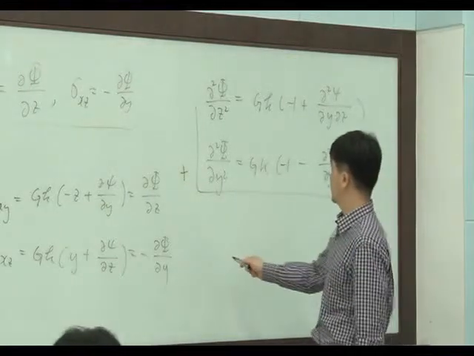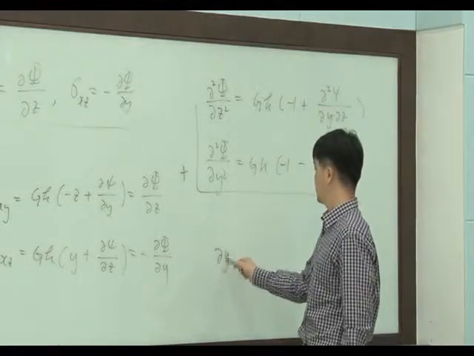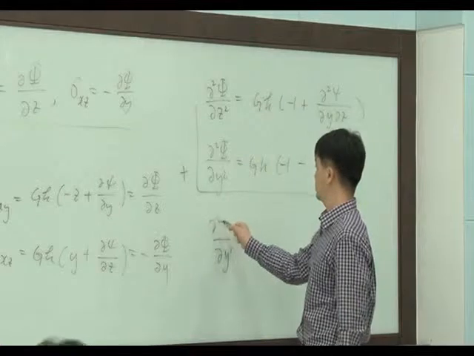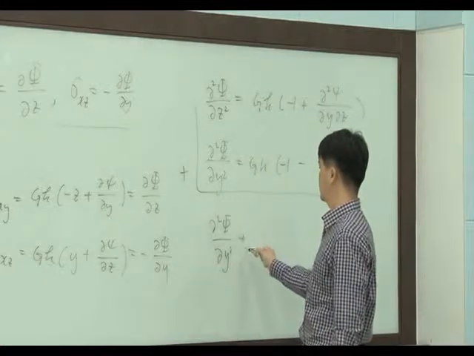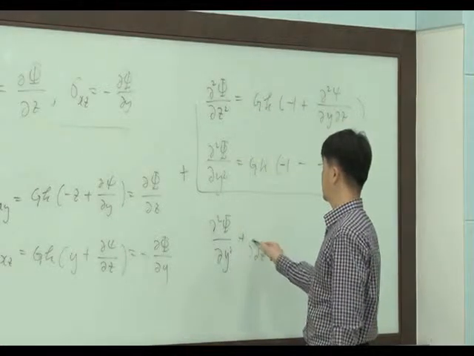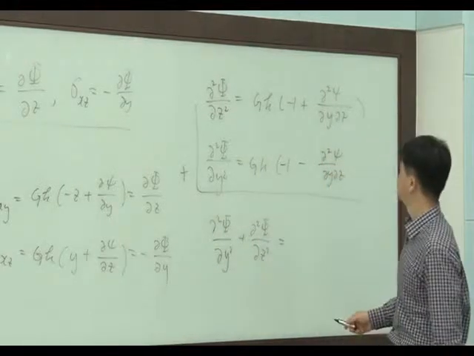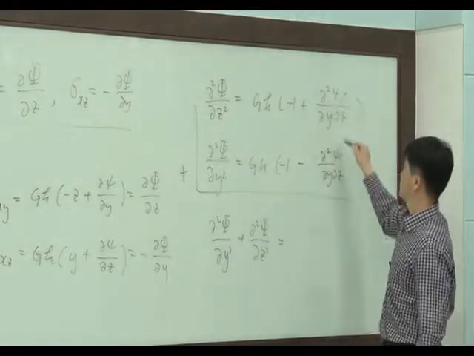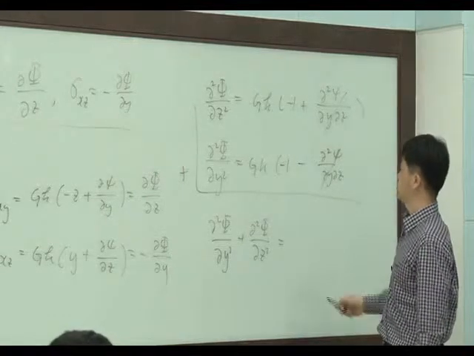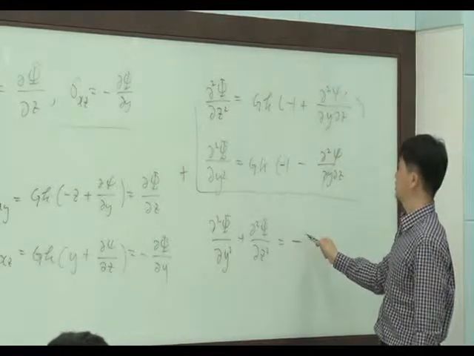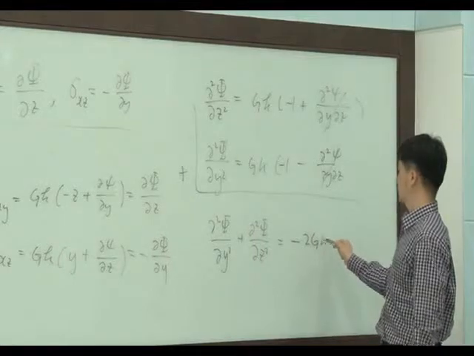If I sum this equation, y squared plus g equal here 0, 0 and minus 2gk.